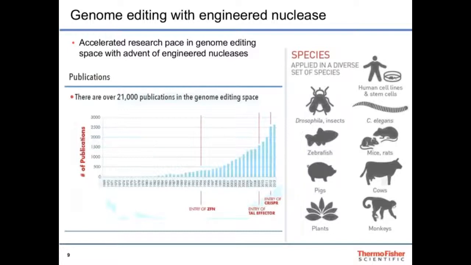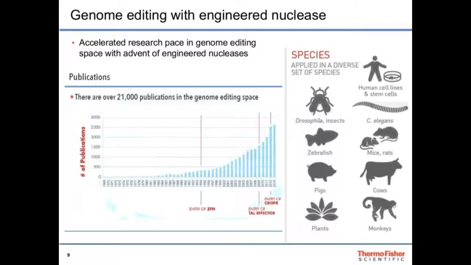Without exception, these tools are very robust. We focus mostly on human cell lines, and on plants through our collaborators, but you can see examples in these publications of these tools being used in a broad array of host systems, including flies, worms, mice, fish, cows, monkeys, and pigs.